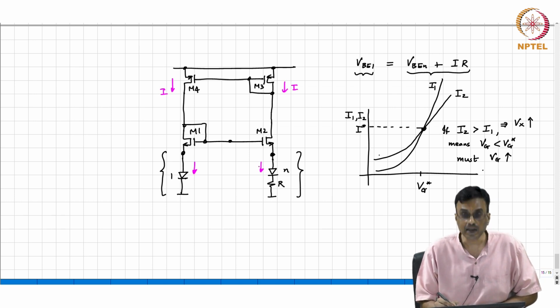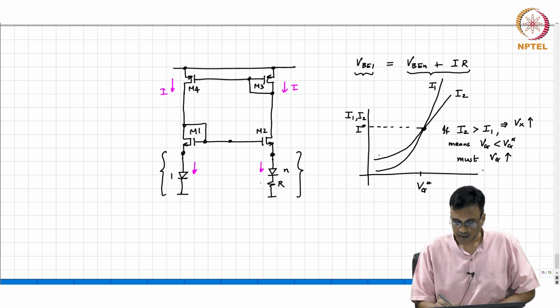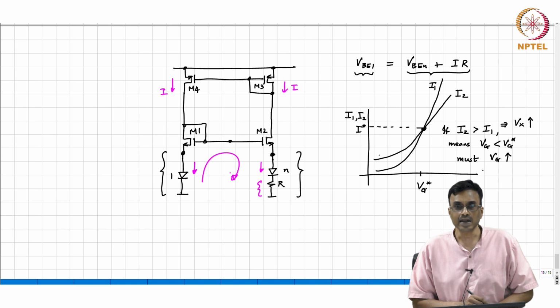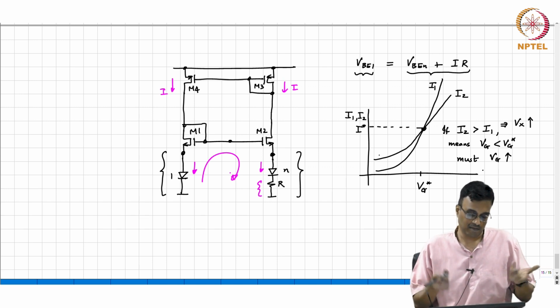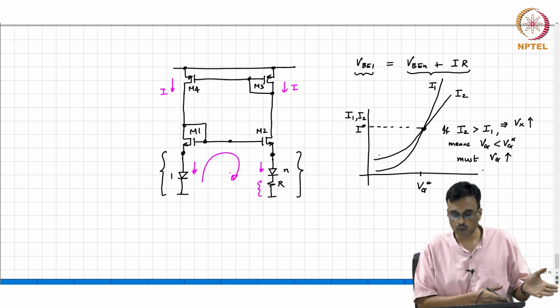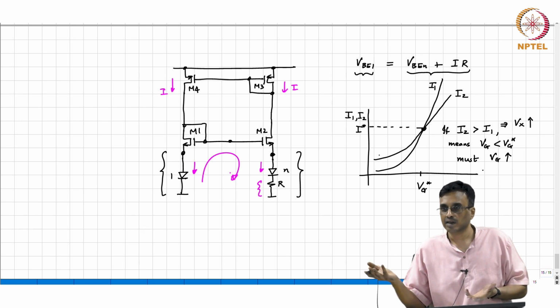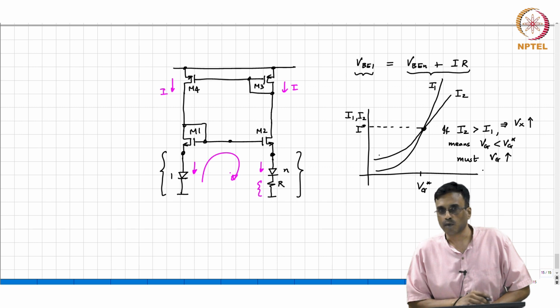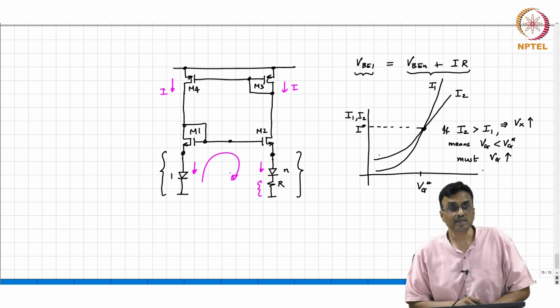So this is I, and therefore the voltage drop there, you write KVL in this loop, and then VB1 minus VBN equals IR. So it's obvious that the current I is VT ln N by R.